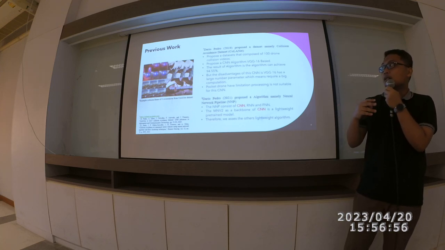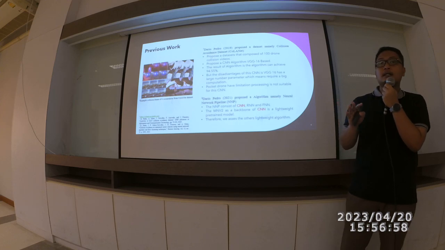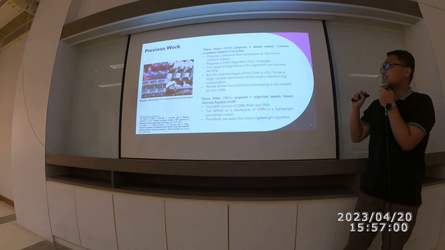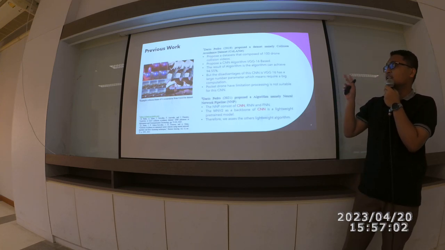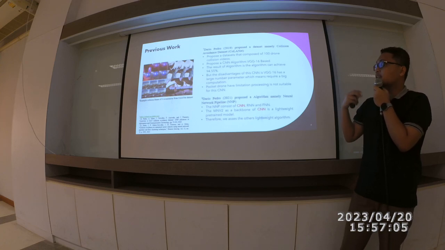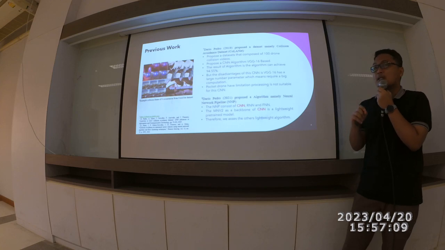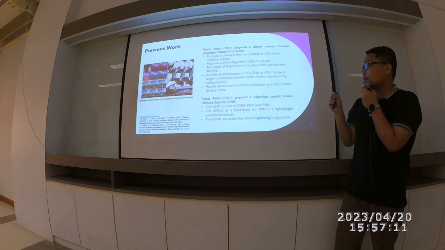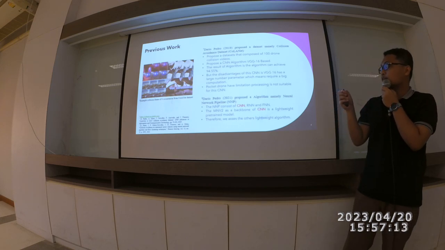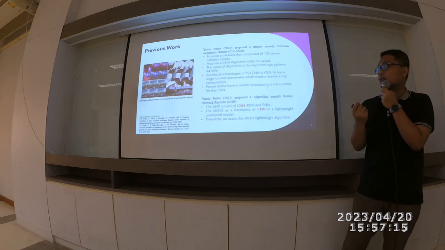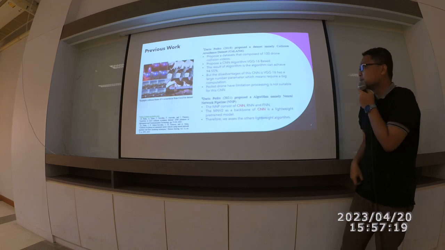They also proposed a CNN algorithm based on VGG16, and the algorithm can achieve 94.55%, but the disadvantage of this architecture is that VGG16 has a large number of parameters, which requires big computation.